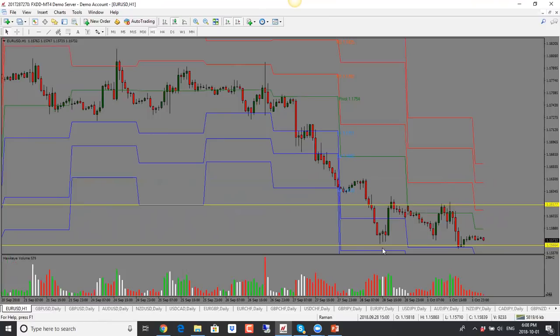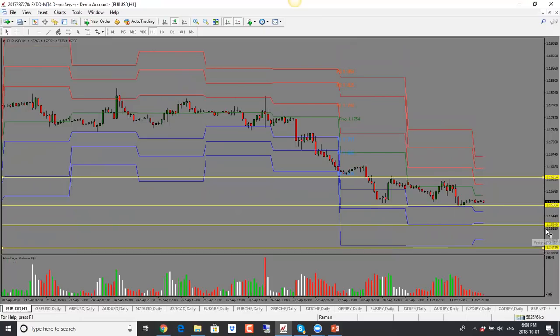Price had come down, pushed back up, and then just traded within this range. So for tomorrow, bias is to the downside, and the next targets are 1.1520, and then the 1.1480 level. Those are the two targets.